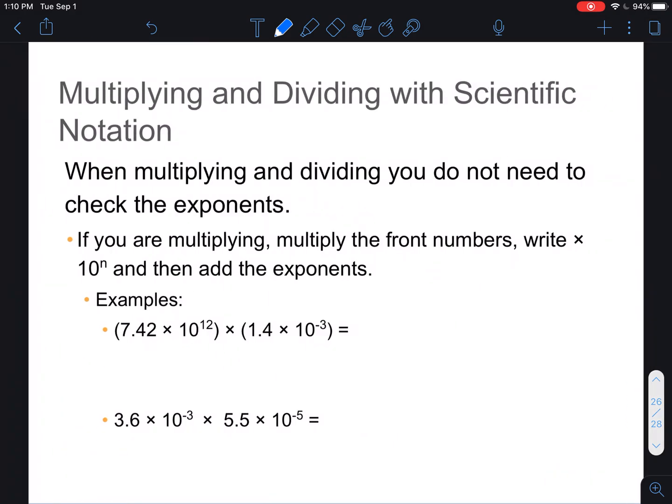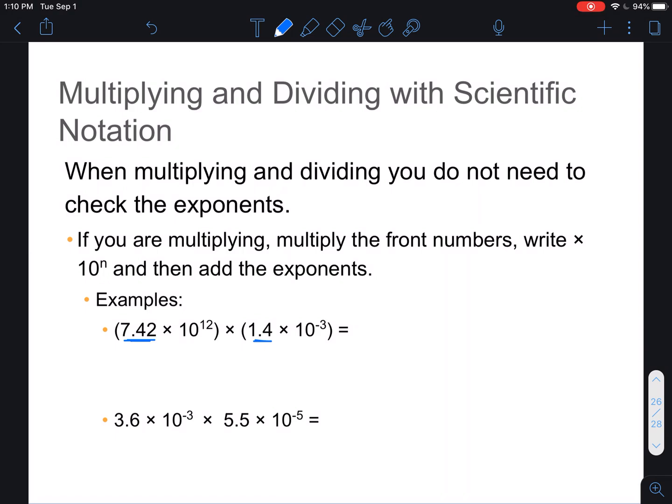For multiplying and dividing, there are rules for each of these ones individually. The first numbers, just like subtraction and addition, will always perform whatever operation is there. So for these ones, you'll have the 1.4 times 7.42.